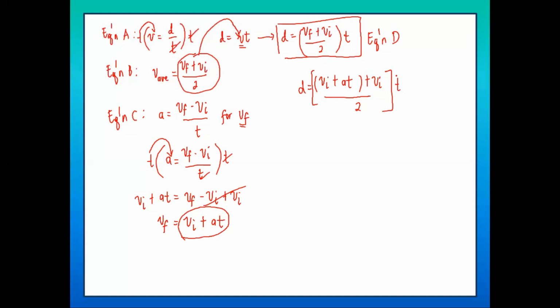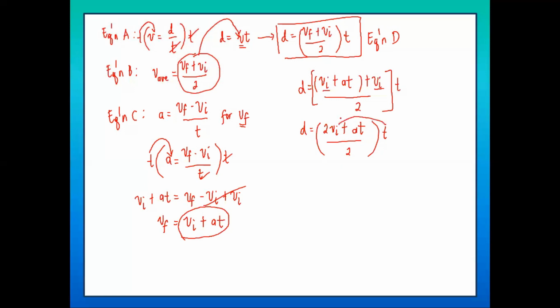Okay? So, we have this now, pero hindi pa rin tayo tapos. So, we have to combine common terms here, which is your V sub I. Yan naman yung common here. So, combining it, dahil addition ng operation, so this becomes D is equal to 2 VI, dalawang VI yan, kaya inad lang natin 2 VI plus AT divide by 2 multiply to T. Okay, so next step is we have to distribute T here para ma-simplify pa natin ng further.